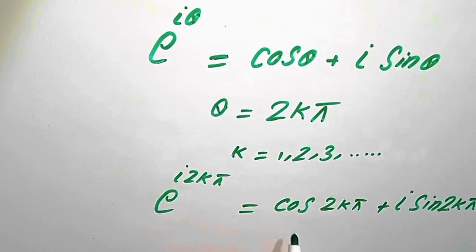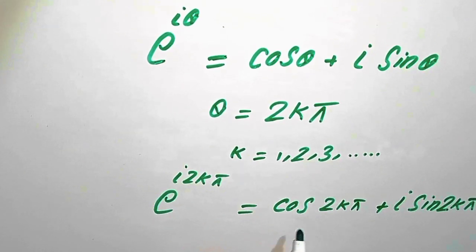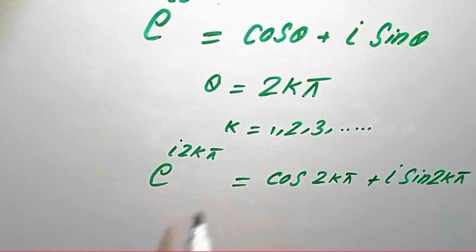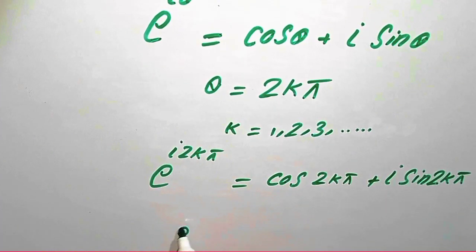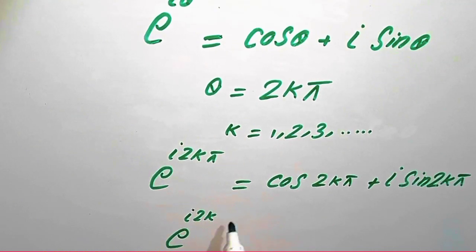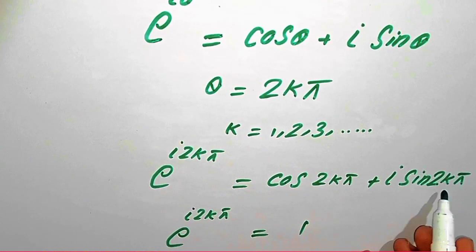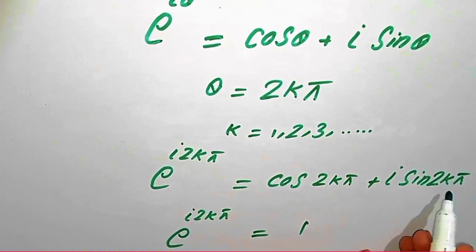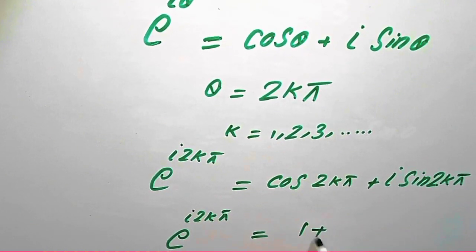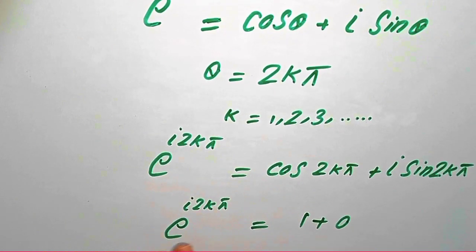Now we know that cos 2 pi is equal to 1, so cos 2k pi is 1, and sine 2 pi is equal to 0, so sine 2k pi is also 0. So 1 plus 0, so e power iota 2k pi is equal to 1.